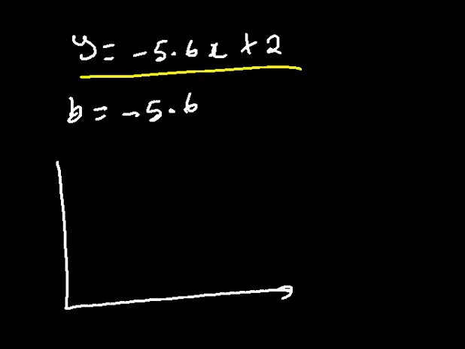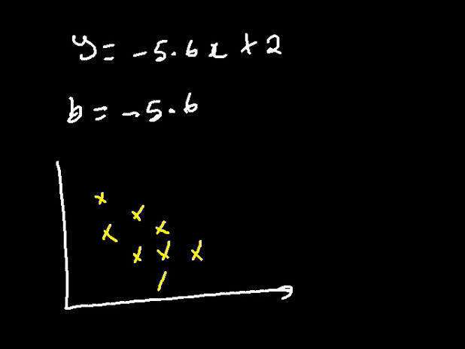Given the equation of the regression line, you can only come up with the sample of the scatter plot if we know the nature of the value of b. In this case, the value of b is negative, so there is a negative relationship, and the sample of the scatter plot can be given as this, since it is a negative relationship.